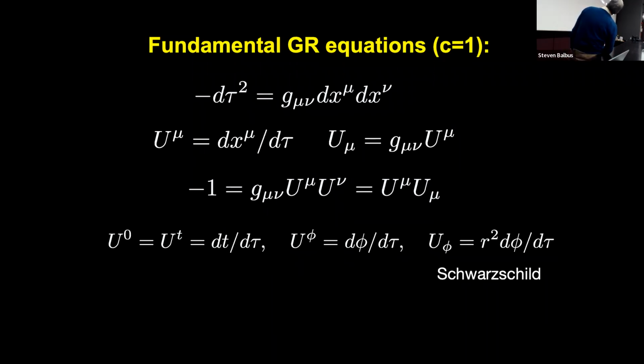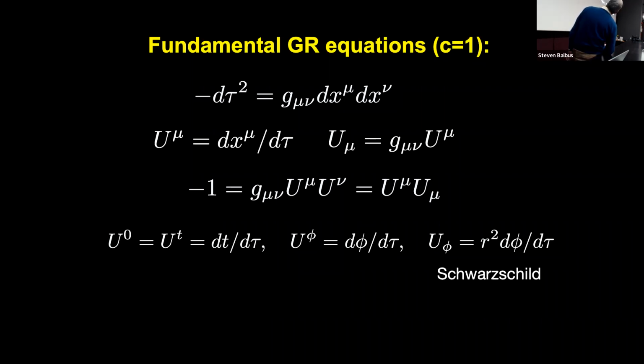And then this guy with the index upstairs has a cousin. We call him the contravariant vector, and there's a covariant vector, which we get by multiplying by G mu nu. And it makes a difference whether you put the indexes up or down. Turns out, pay attention to that.